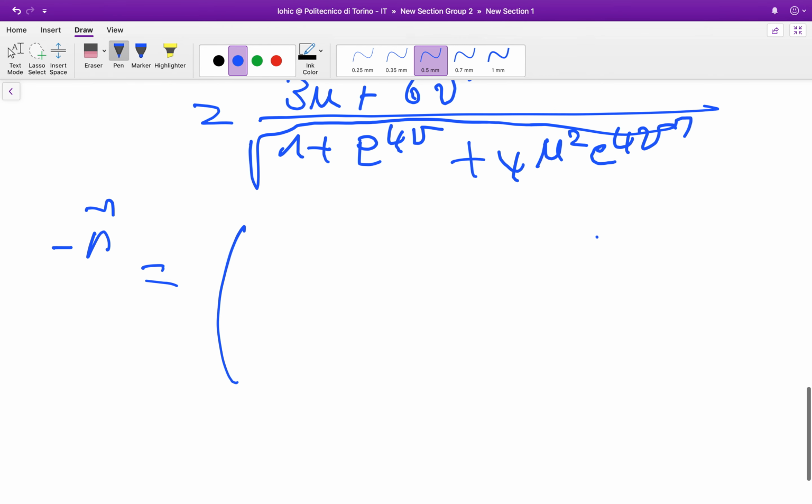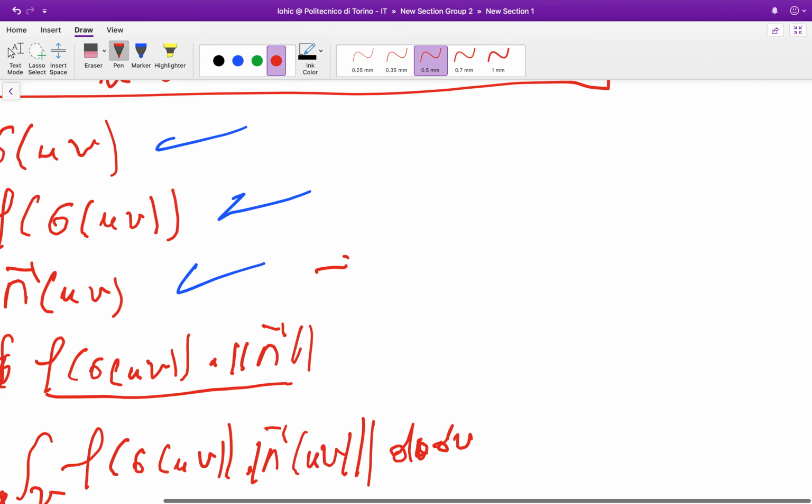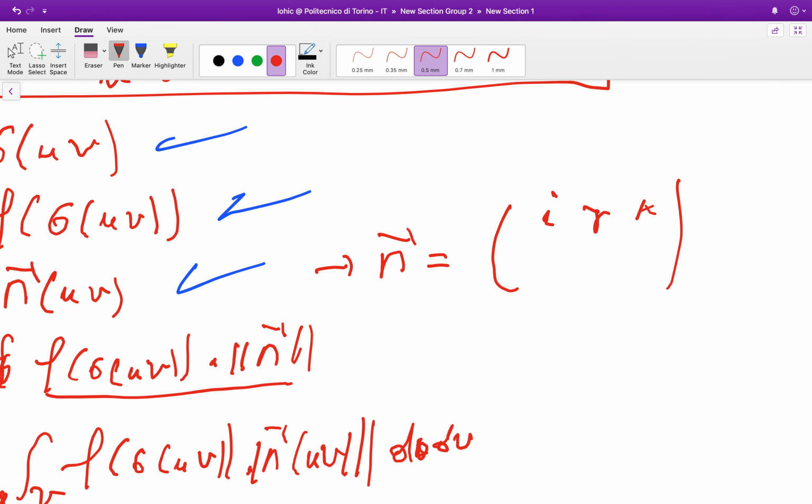By doing the cross product of two things. Let me write it here. So n, the normal vector of the surface, you find by doing this cross product. You write i, j, and k, and then the vector that you have here is the derivative of all with respect to u, and the vector you have here is the derivative of all with respect to v. Is that clear? And you cross product the two vectors.